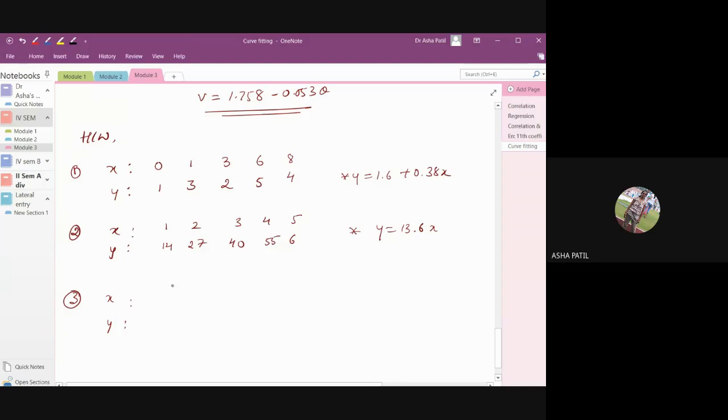Then the x values are 0, 1, 2, 3, 4 again, and y values 1.0, 1.8, 3.3, 4.5. Ma'am, for the second question, B value is 0? Yes, B value is 0.